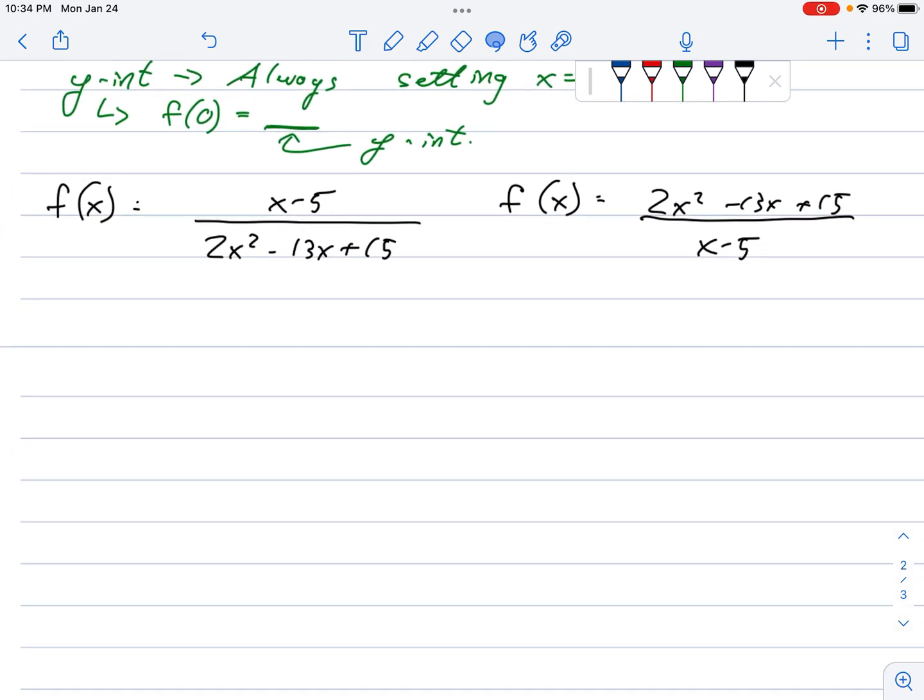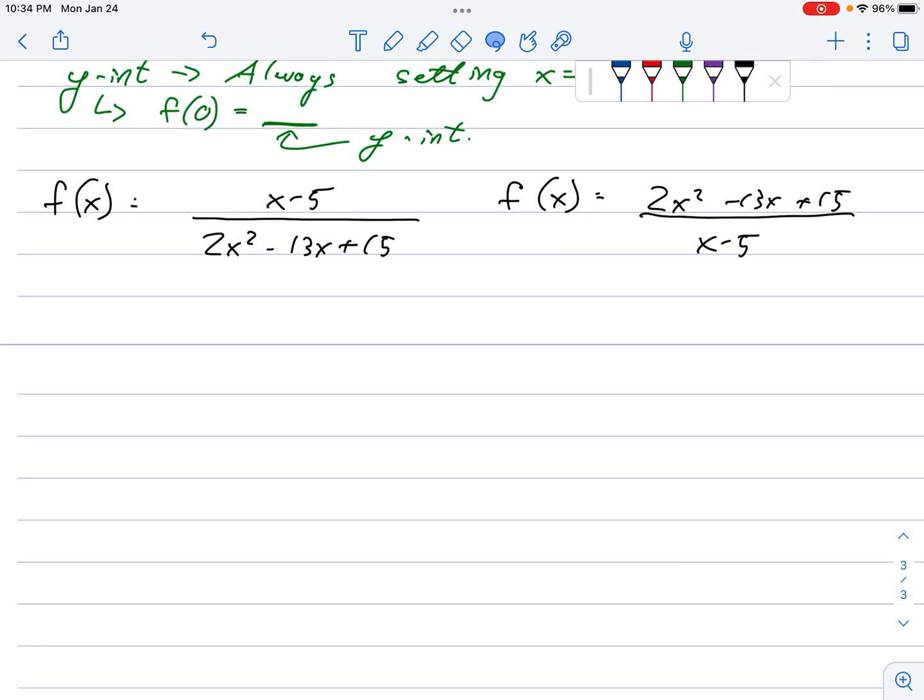Two functions. Now, if I were to ask you what the Y-intercept of these functions are, I would plug in 0, and I'm going to show a little bit of the work now, but we can get a habit of what's happening. 0 minus 5, so I'm getting 0 minus 5. And on the bottom, I'm getting 2 times 0 squared minus 13 times 0 plus 15.